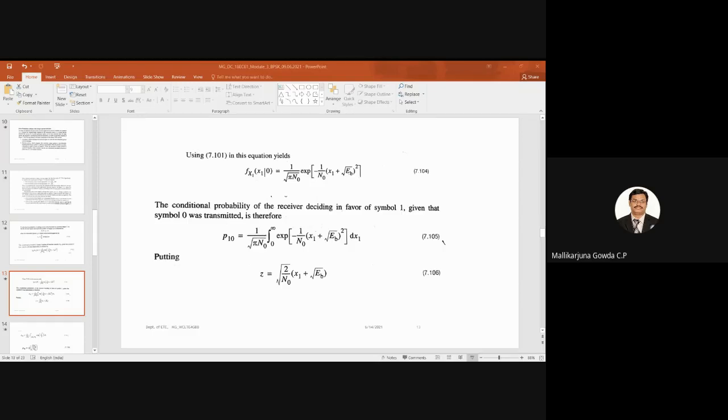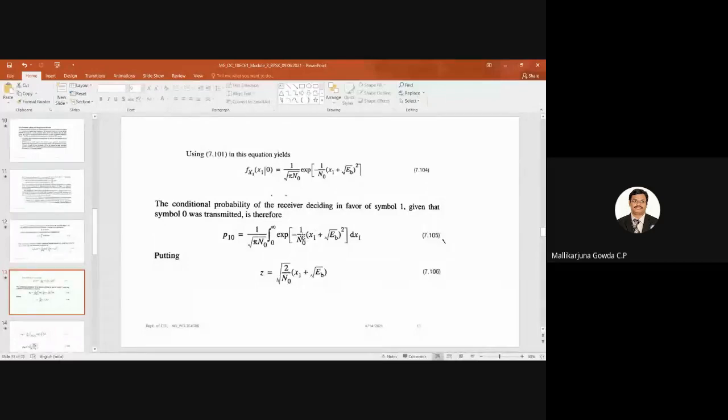Then by doing that, and you know, are you aware of the Q function? Yes, I'm asking you people only. Are you aware of what is Q function? Yes, my dear students. Are you aware of the complementary error function and error function, ERF and ERFC?